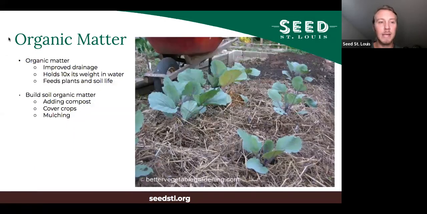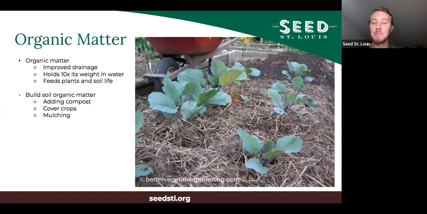So when we're talking about organic matter, it's great for a lot of things. It's one of the few things that you can almost universally say is a good idea. It does improve drainage because organic matter is spongy. So it helps hold pore space open, especially if your soil is not really healthy at that time. It's a great way to artificially open up those pore spaces.